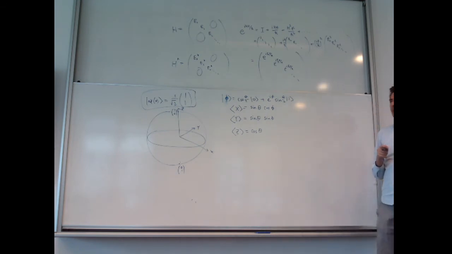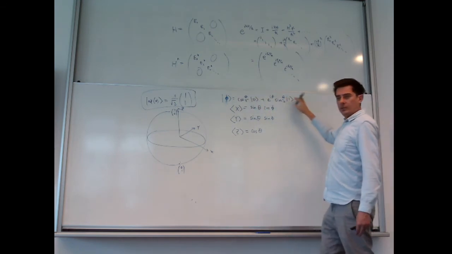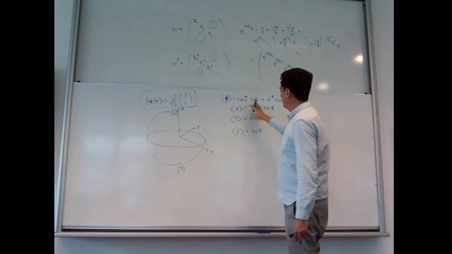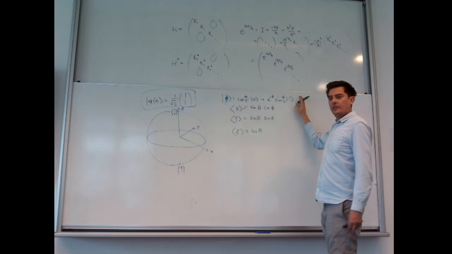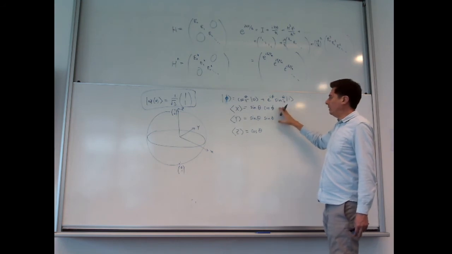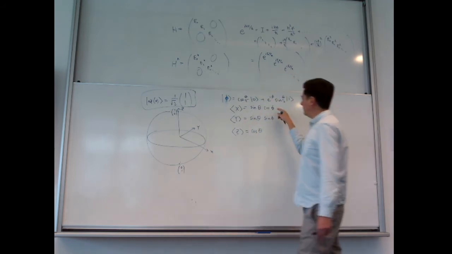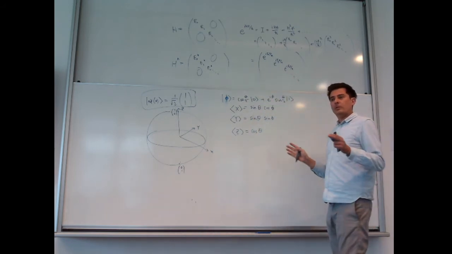Okay. And this is a general state for a qubit. The reason why we parameterize it like this is so that when we look at expectation values, these are exactly like coordinates for spherical angles.